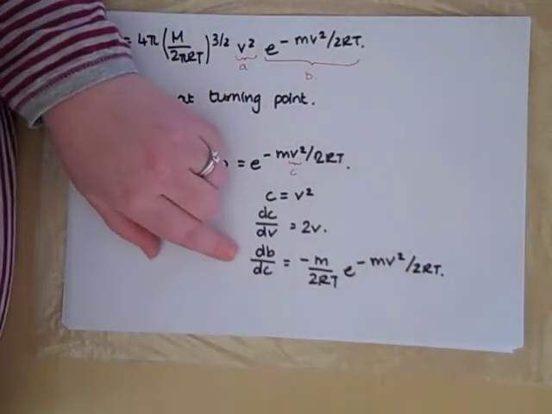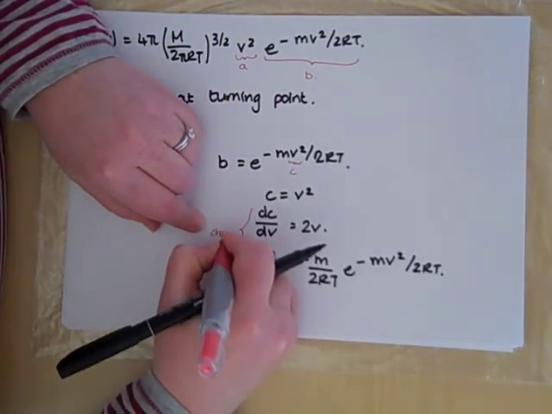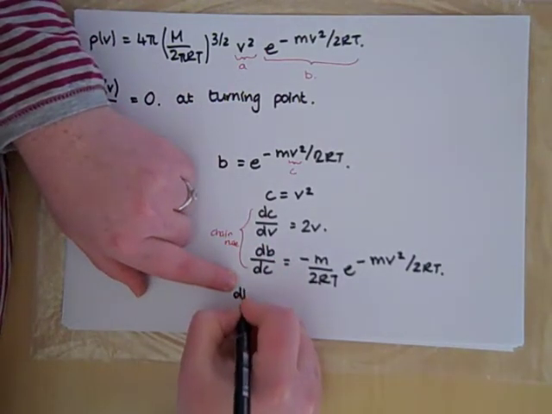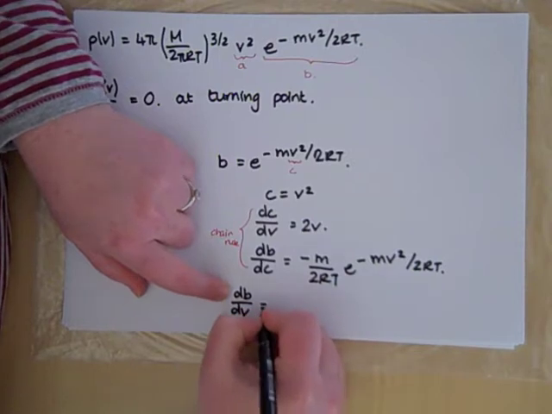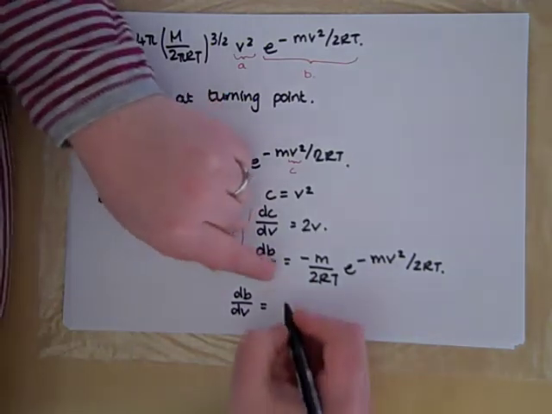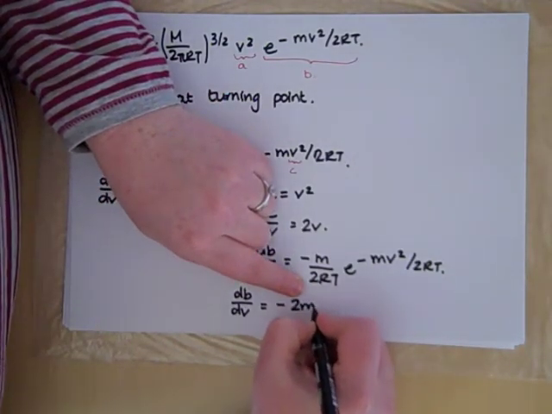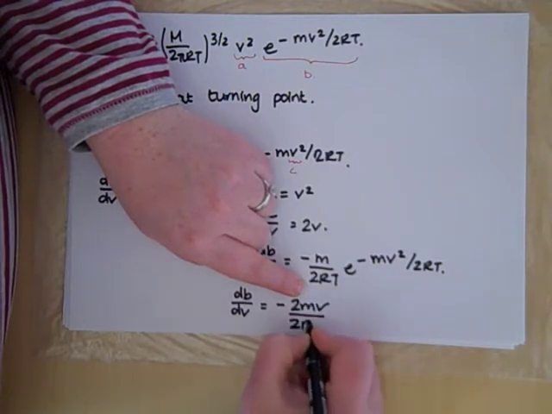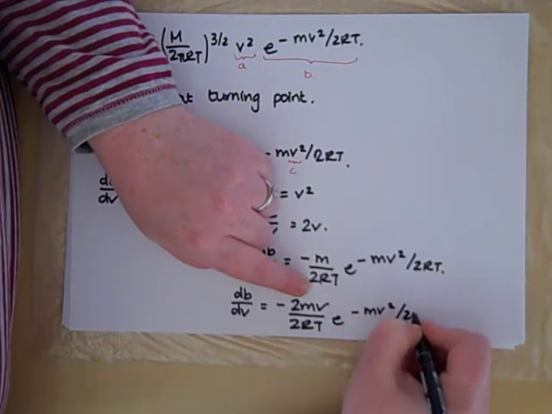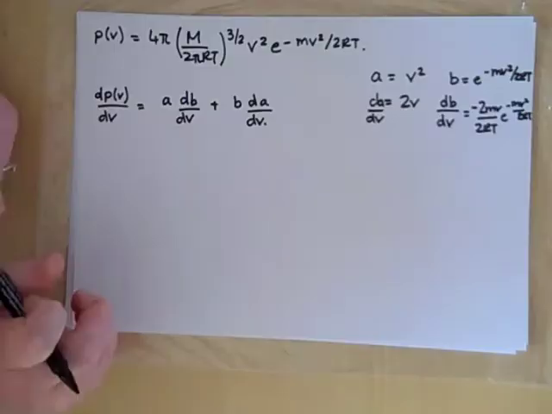Now together these two make the chain rule. So overall dB by dv is equal to this one multiplied by this one. So this makes minus 2mv over 2RT, e to the minus mv squared over 2RT. And I can cancel these twos if I want to.